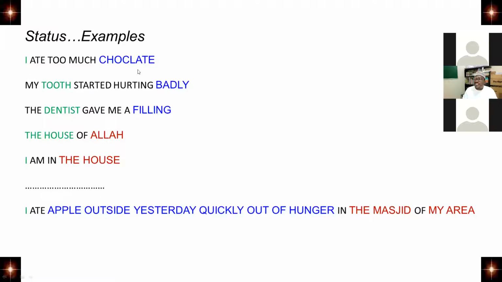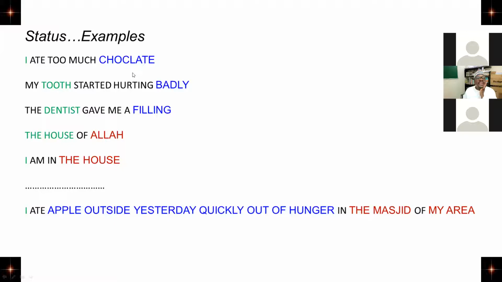Now, chocolate, what status is it in and why? Nasb status, Rehan says. Infinix, can you rename yourself?